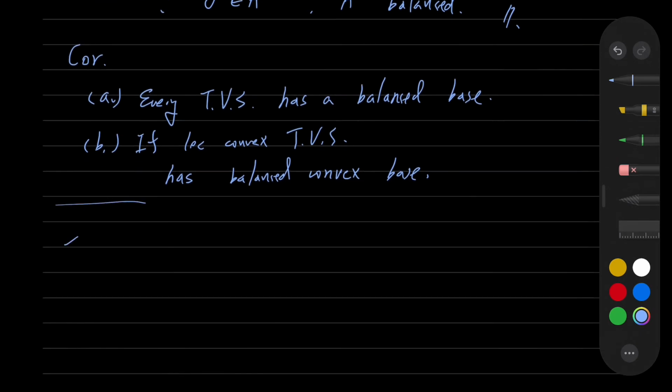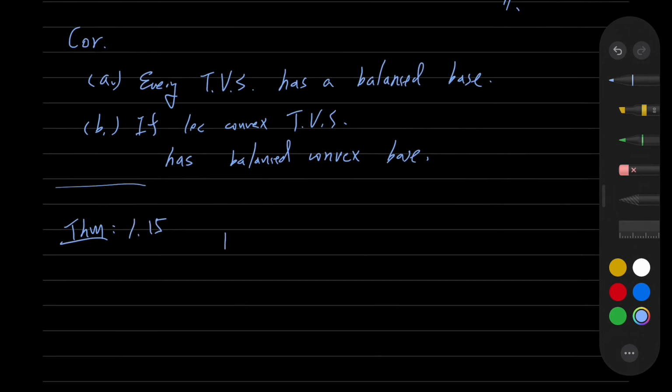And finally, we prove some property regarding the local base. So this is theorem 1.15. Let V be a neighborhood of 0.